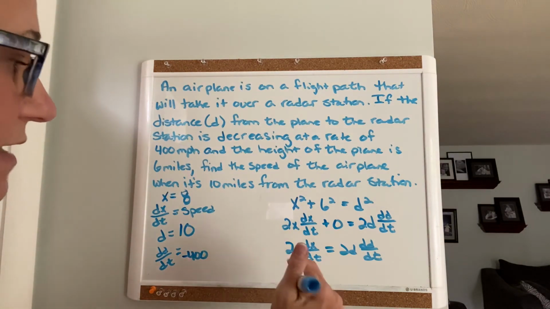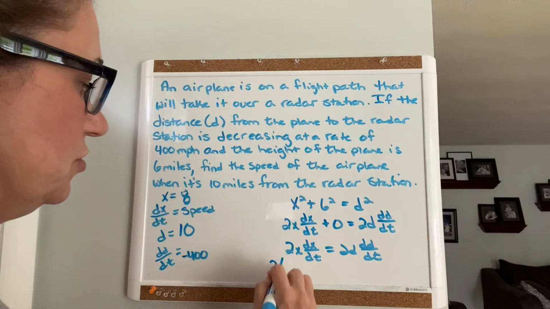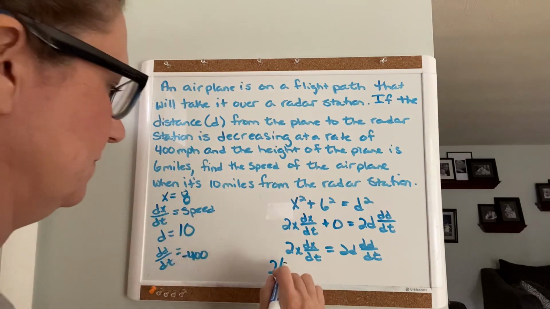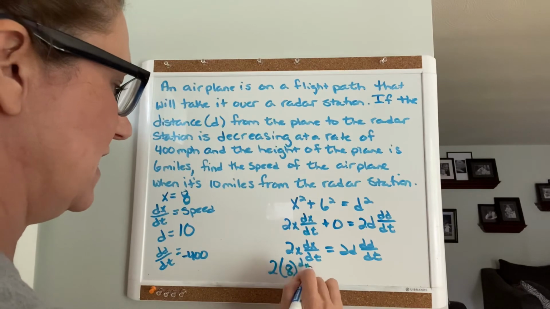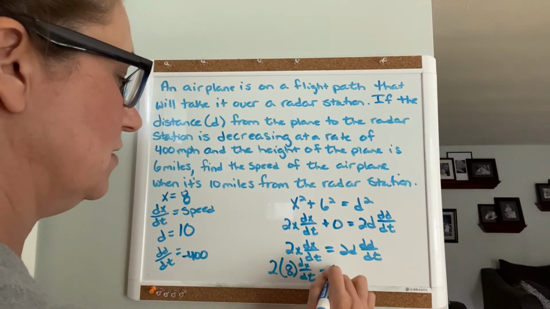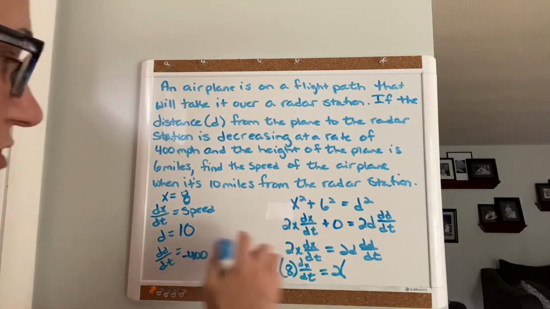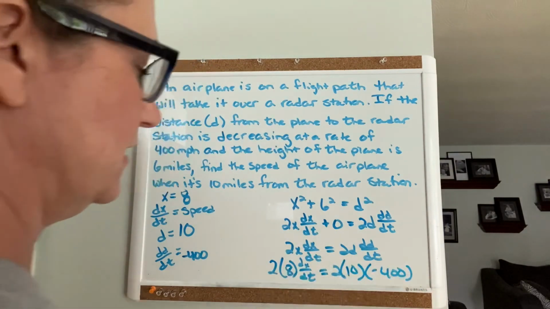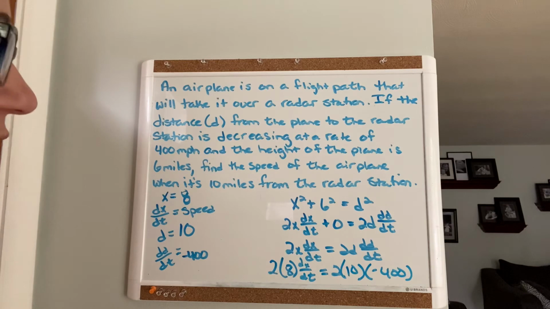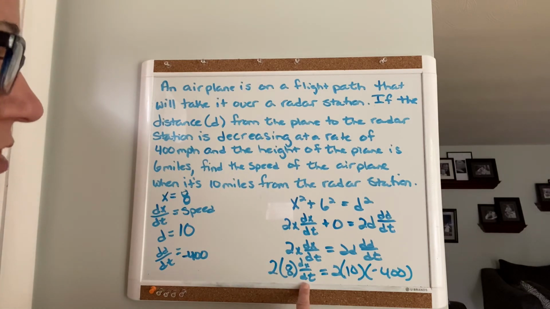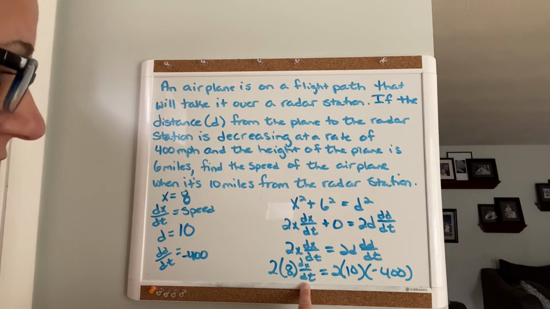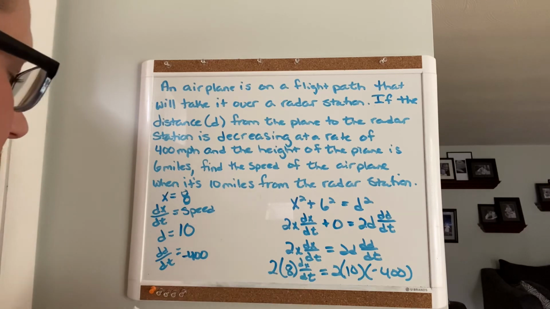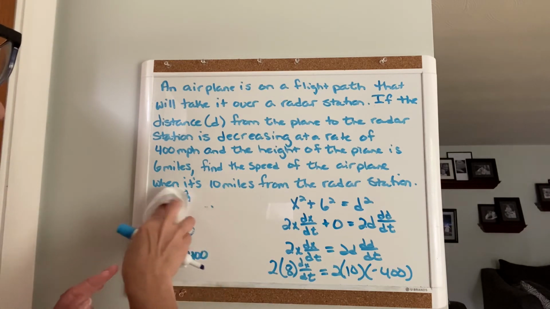All right, so you have everything you need to solve this. We can now plug in all of our variables. So 2 times x, which is 8, dx/dt, equals 2 times d, which we know is 10, times negative 400. So if we get dx/dt all by itself on one side, if you solve for this, again, I apologize, I have to erase here.